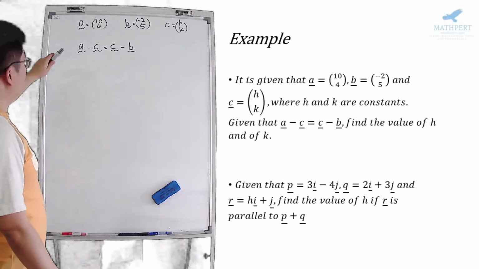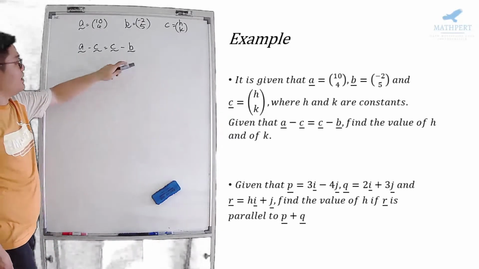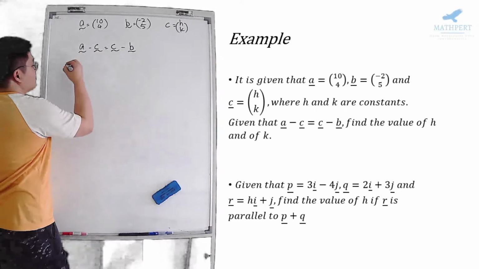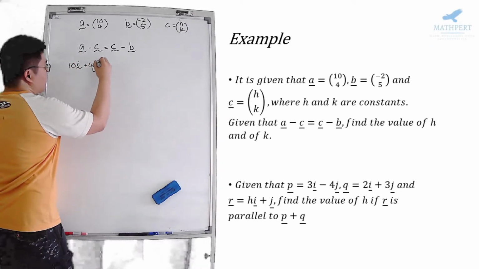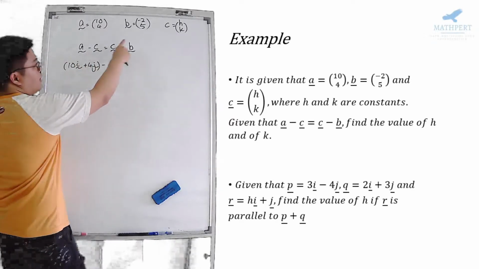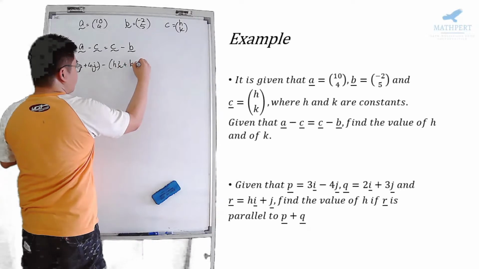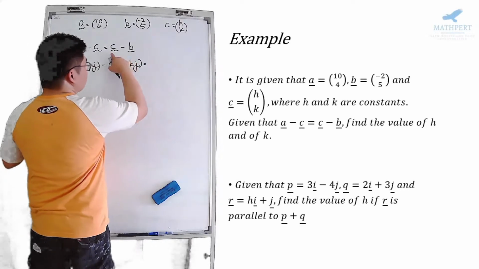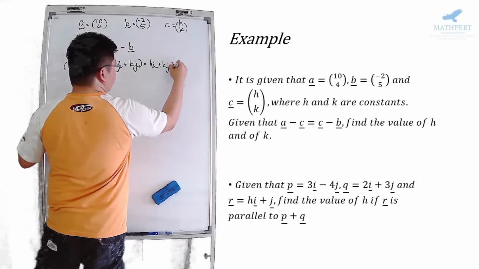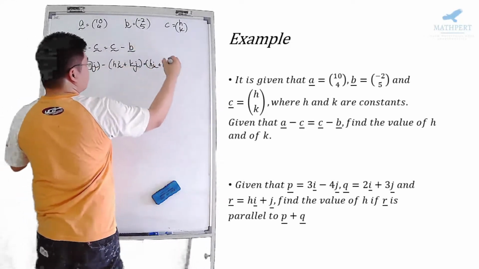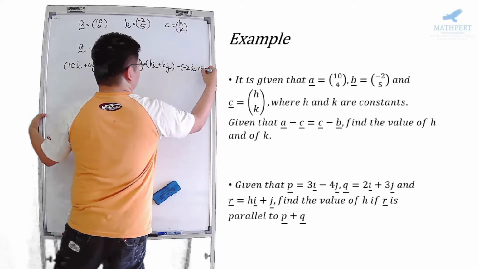Okay, so A minus C is equal to C minus B. So let's change this. This will be 10i plus 4j minus C, which is hi plus kj, equals C, hi plus kj, minus B, which is negative 2i plus 5j.